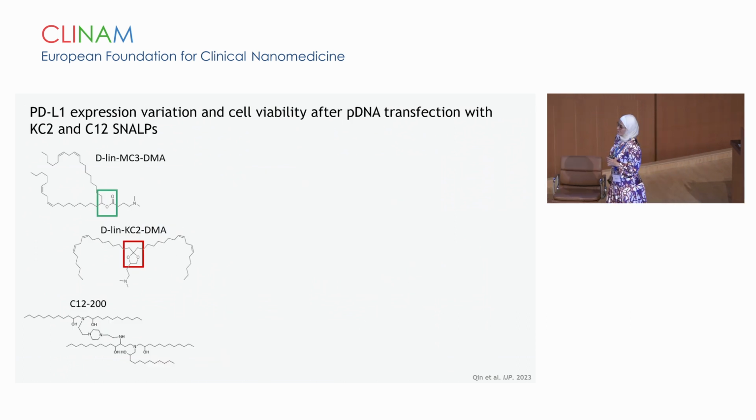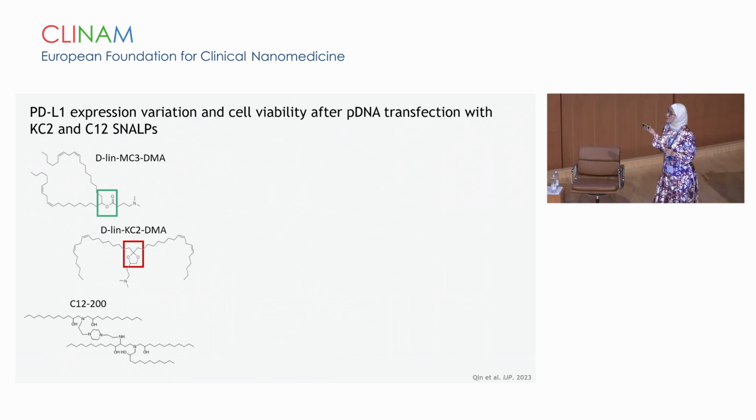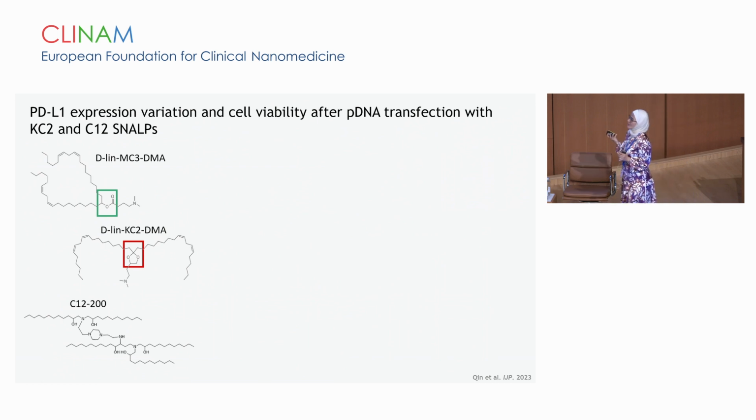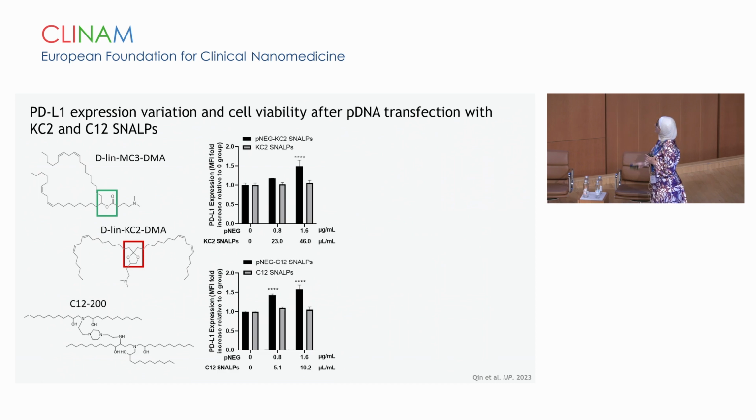Then the reviewer also wanted to know if all lipid nanoparticles behave in the same way. So we compared other types of ionizable lipid, because our first study was done with MC3, and we know from our handling that KC2 and C12 lipids are more toxic.